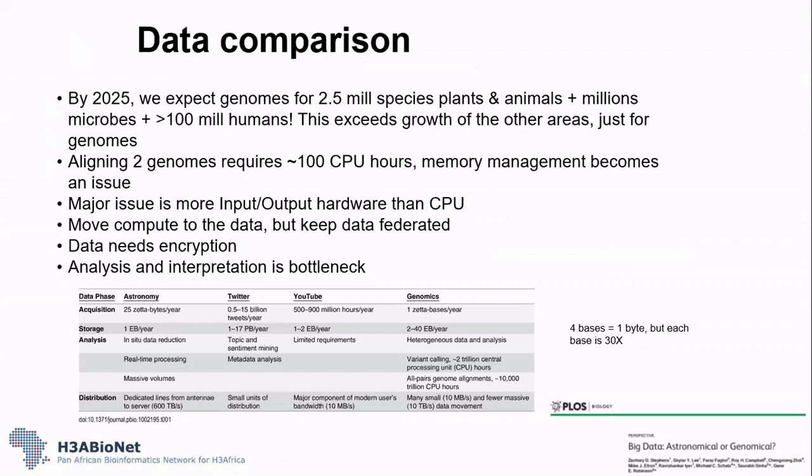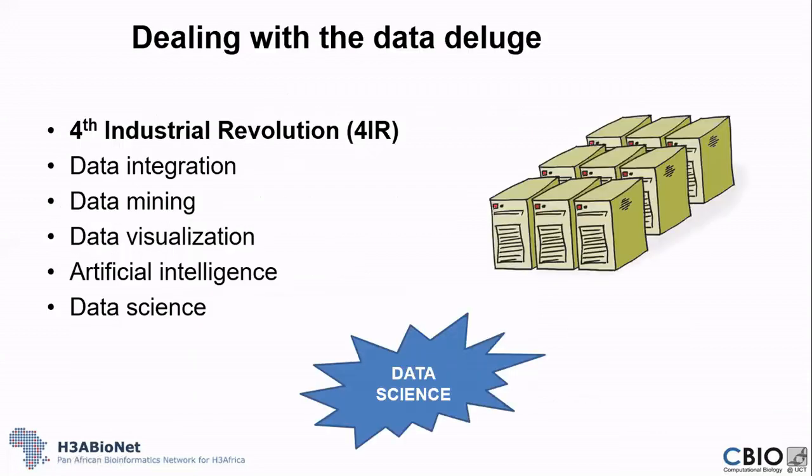So we're going to have millions and millions of species just in genomics, never mind the rest of bioinformatics and other omics. The bottleneck's going to be in computing and storage, and encryption and analysis. I don't have time to go through this table, but it's quite different to astronomy and YouTube, for example. So we have to deal with this data.